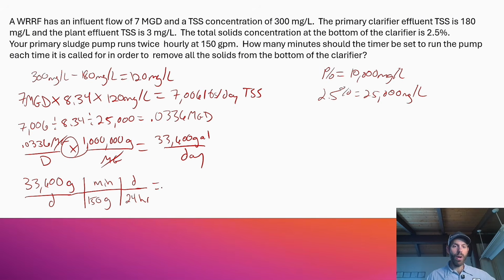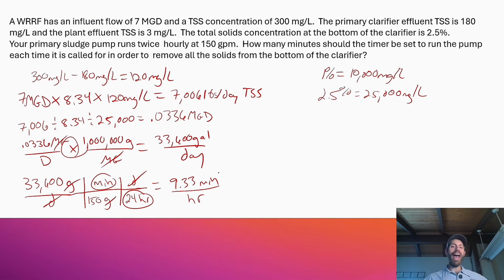So 33,600 divided by 150 gallons per minute divided by 24 hours in a day gives me 9.33 minutes. Because what's minutes per hour? Hours are left, days cancel out. Gallons cancel out, minutes per hour is what I'm left with.